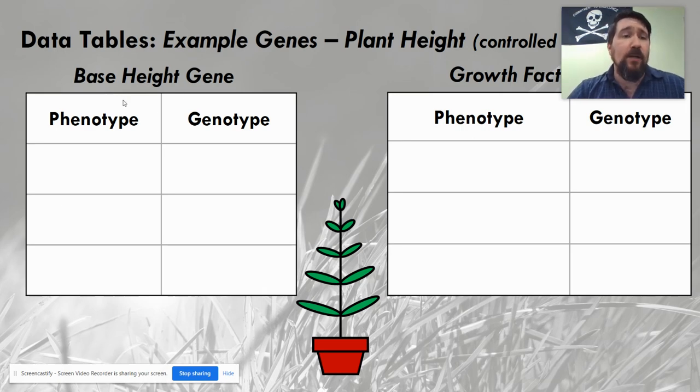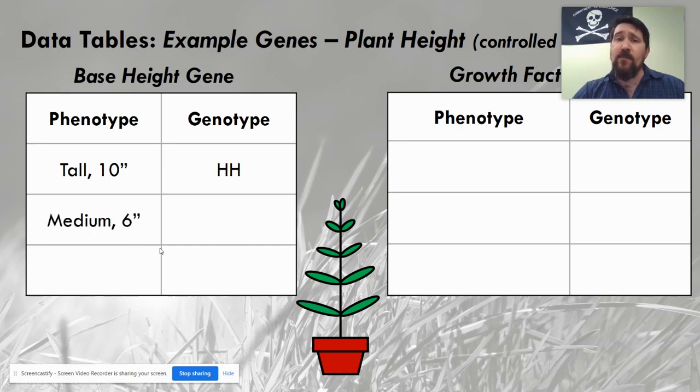Okay, so there is a base height gene that codes for the overall height of the plant. So basically, how tall is this plant going to be? We're going to say a tall plant is going to be 10 inches as a base height, and its genotype, using H for base height, is going to be big H, big H. A medium plant will grow to be 6 inches as a phenotype, and it will have the heterozygous trait, big H, little h.